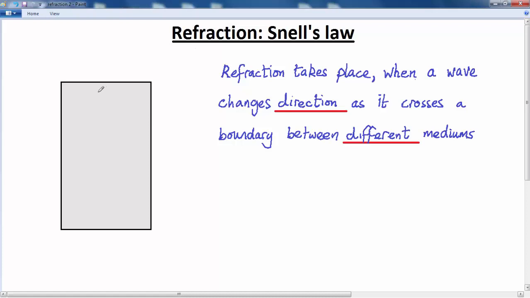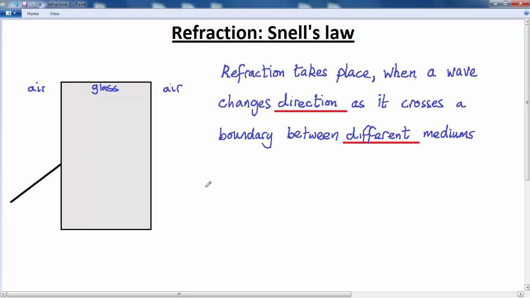So for example here we've got a glass block. So our medium here is glass, and then we have another medium here which is air, and again air the other side of the glass block. Now in this particular case we're looking at light waves, and we're going to represent the light wave using a ray like this, and we can see that the ray is about to change medium from the air into the glass block.